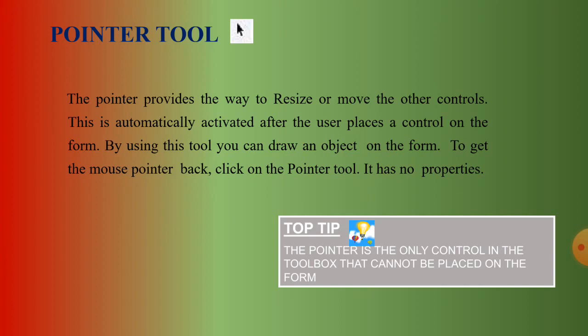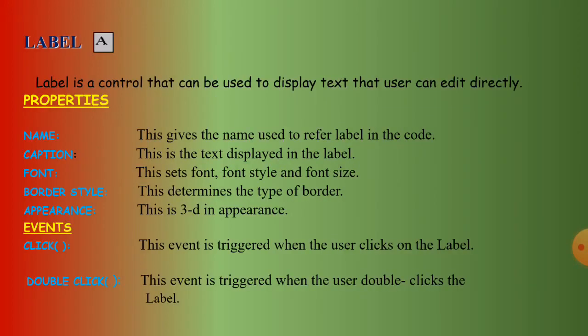Yesterday we discussed that every control in the toolbox consists of properties, methods, and events. But the pointer tool doesn't have any properties. Next, coming to the label. The label is a control used to display text that the user can edit directly.